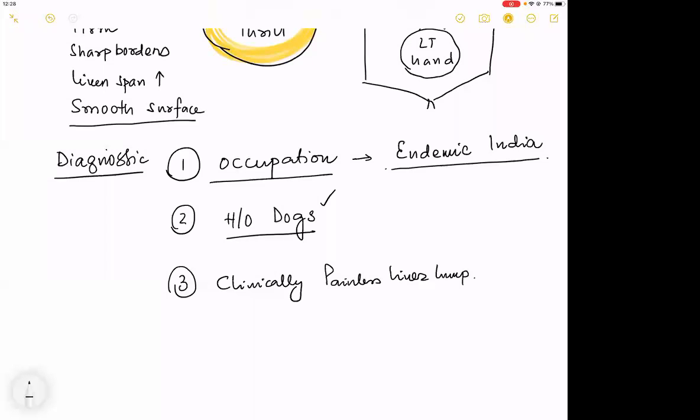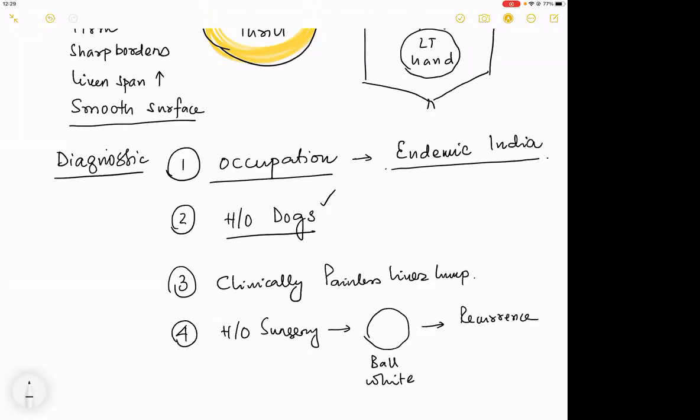That's it. Number 4, there could be a history of a surgery in which the patient says that a round ball or a white colored ball was taken out, and now this patient can have a recurrence, and you may be given the recurrence of the case, which is a very bad case to have in exam.